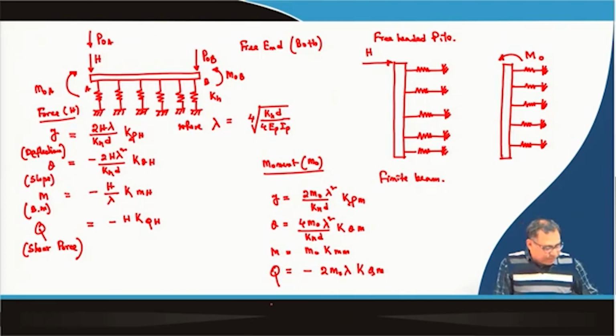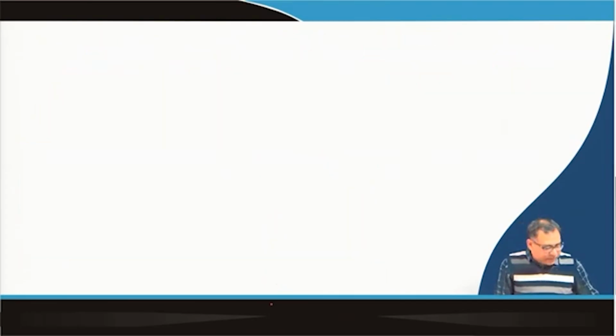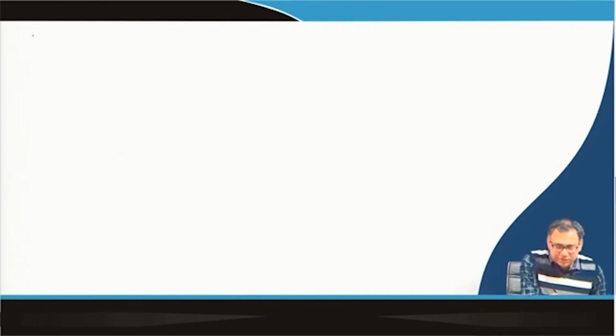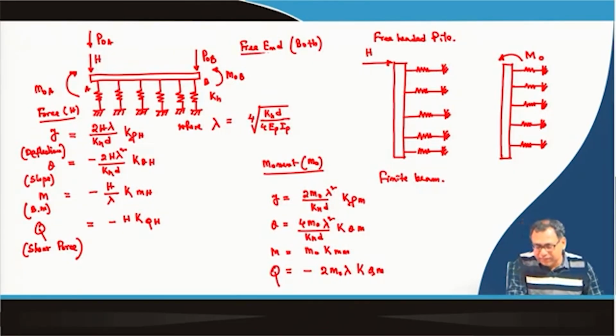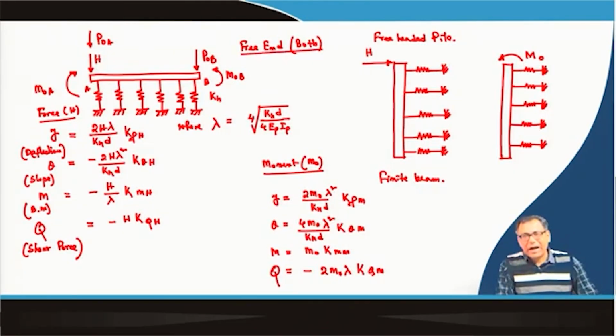This is for the free headed pile. Now, for the fixed headed pile, how will this equation change? Because when we derive these equations, we assume that both the ends are free. So, these equations I can use only for the free headed pile, not for the fixed headed pile.